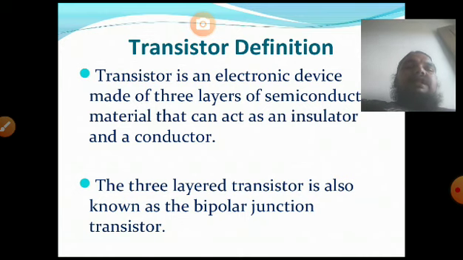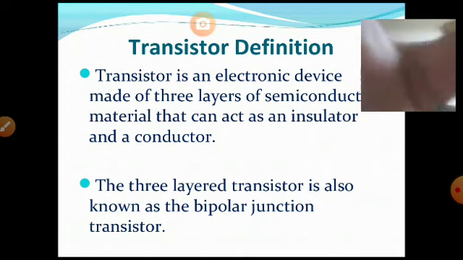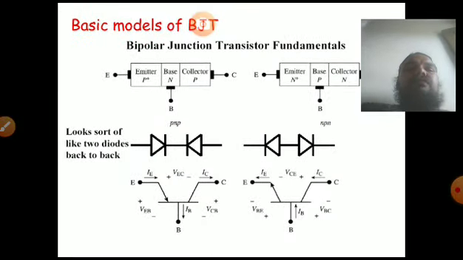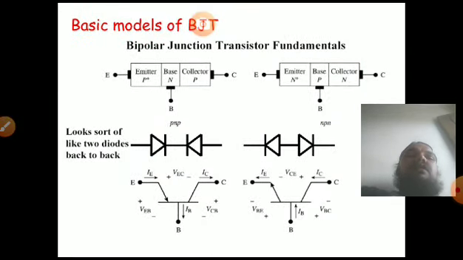The three-layer transistor is also known as the bipolar junction transistor. This is the basic symbol of the BJT, bipolar junction transistor.